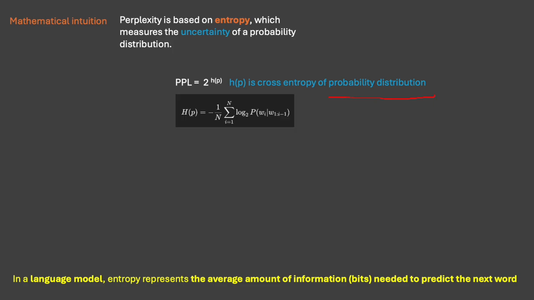And the actual formula of H of P is 1 by N times the sum of all the log of P of w_i given w_1 to w_{i-1}, from 1 to N. Here, N is the total number of words in the dataset. And this probability of w_i given w_{i-1} is the probability assigned by the model to the word i given the previous words.